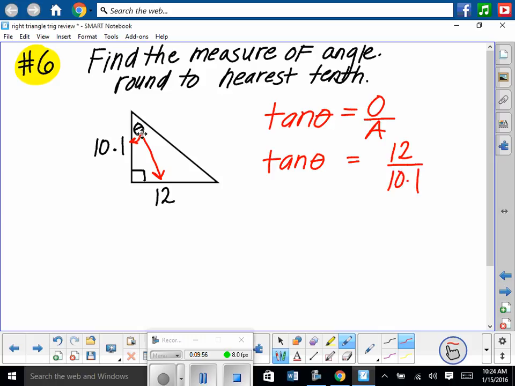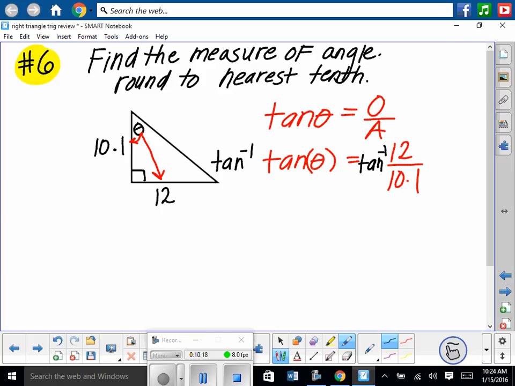Is everybody comfortable up to here? Yeah. Now understand something. Theta is entrapped in tangent. Technically, there's parentheses here. The only way to get tangent to go away is to take the inverse tangent of it. So we're going to take tangent inverse of both sides of the equation.